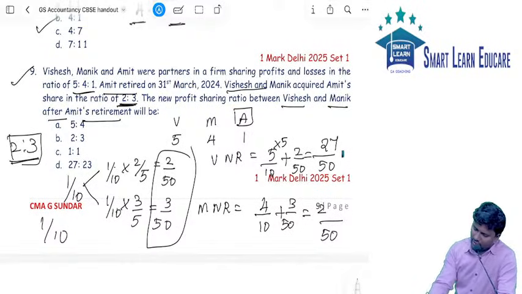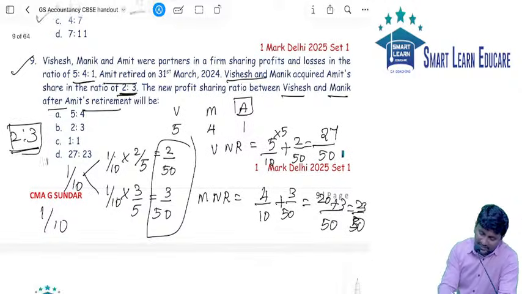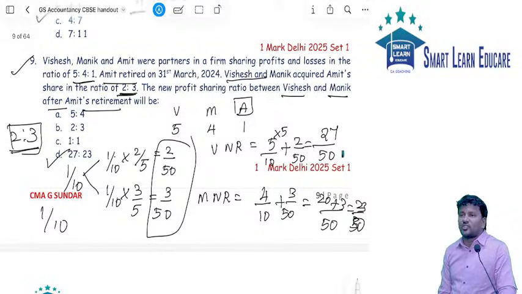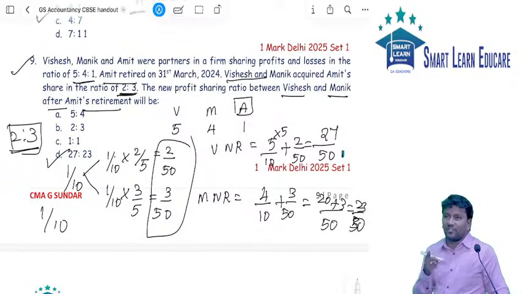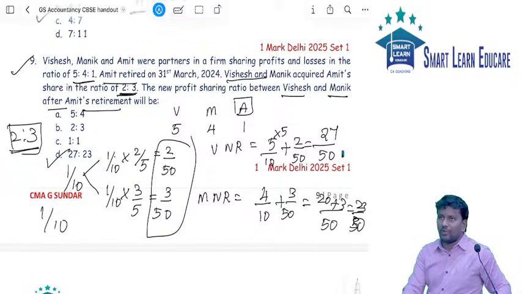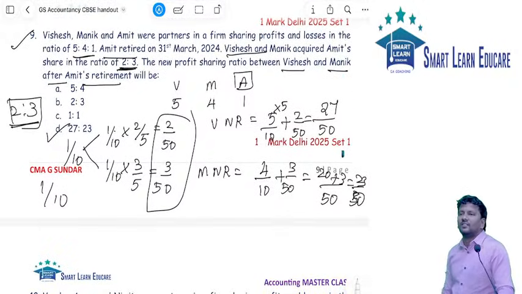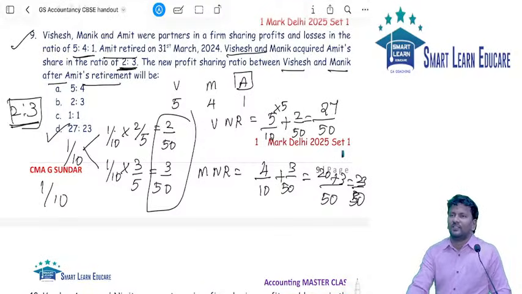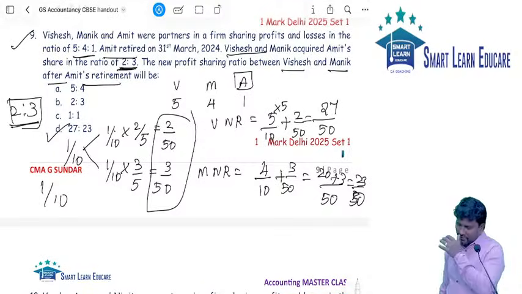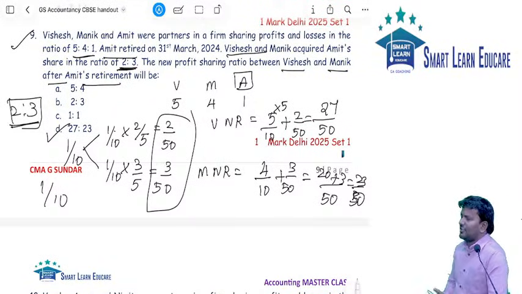So 20 plus 3 will give you 23/50. So what is the answer? It is 27:23. Many people told the wrong answer for this question. Earlier some people told a different answer, 4:1, but that was for the previous question. Okay, fine. So the answer for this question is 27:23.